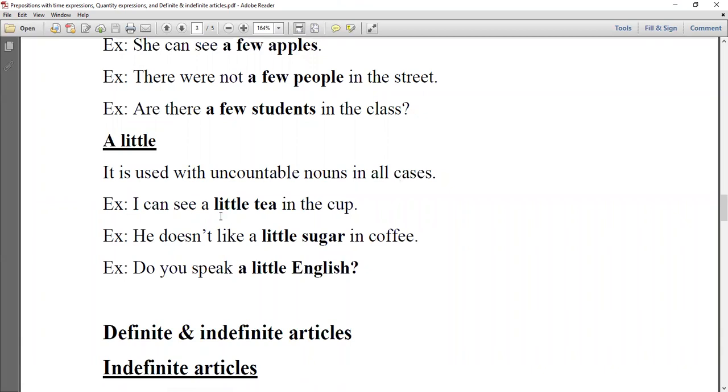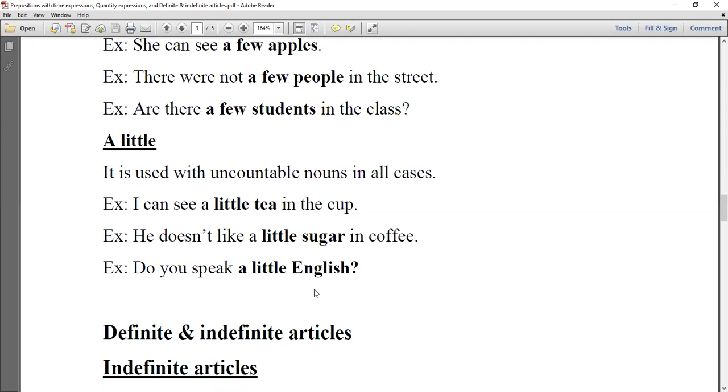I can see a little tea. We use a little with uncountable nouns also in all cases. I can see a little tea in the cup. He doesn't like a little sugar in coffee. Do you speak a little English?